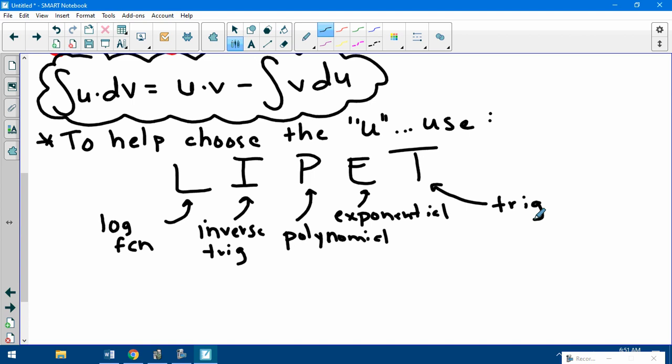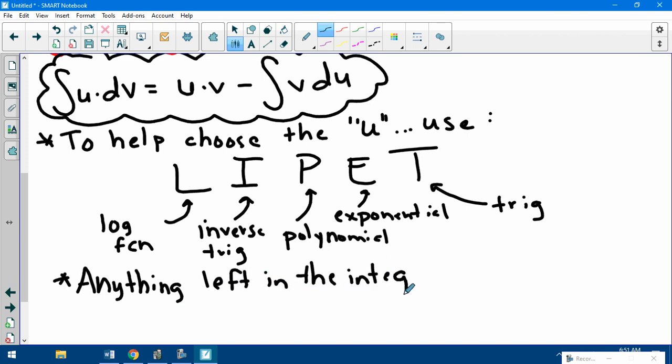So you usually don't want to make things a sine or a cosine. That's what u is. Anything left in the integral will be dv. I get that this probably doesn't make a lot of sense right now, but when you see it done out, hopefully it will.